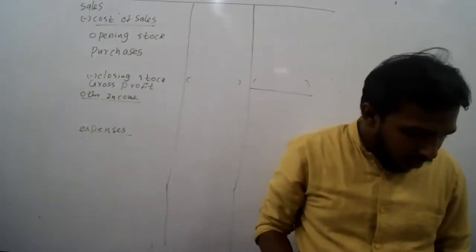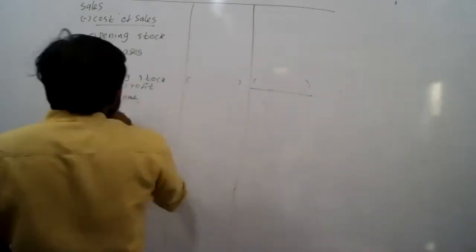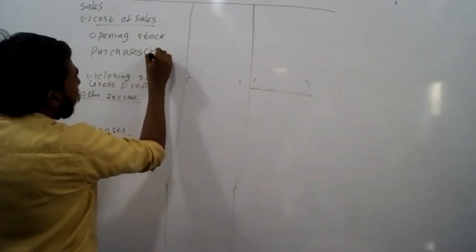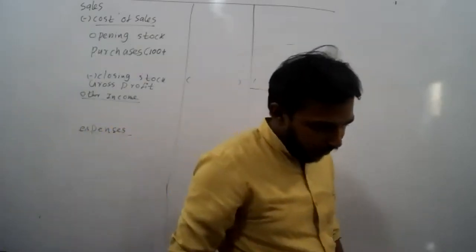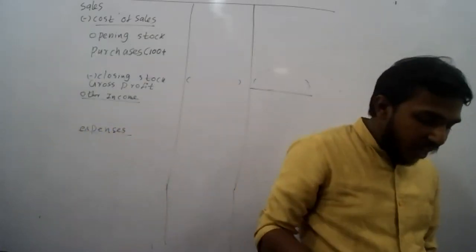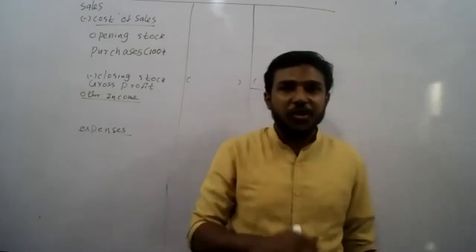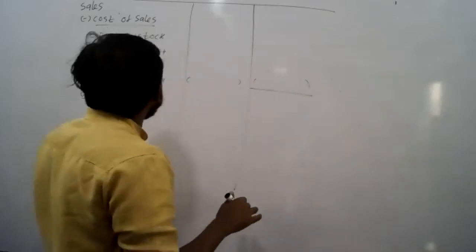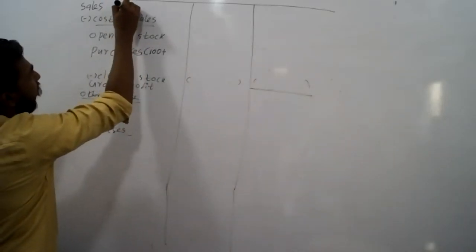First one, purchase stationery for 100,000 on cash. See, purchases here, the first one you put here, 100. The next one, sold stationery items with a cost of 70,000 for rupees 100,000 on cash. So now sales. How much is the sales value? 100,000.